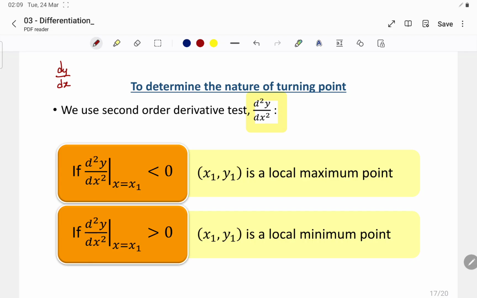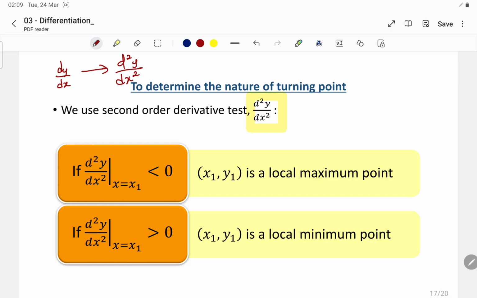Now when we want to determine the nature or characteristic of the turning point, whether it is a maximum or minimum point, what you have to do is, from the equation that you get, differentiate one more time, and we change the symbol to d square y divide by dx square, d²y/dx².